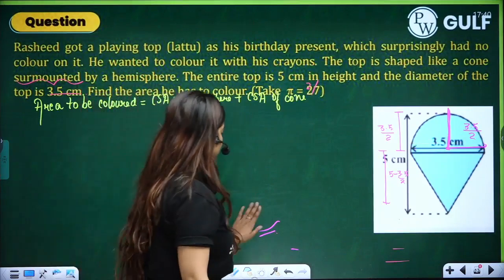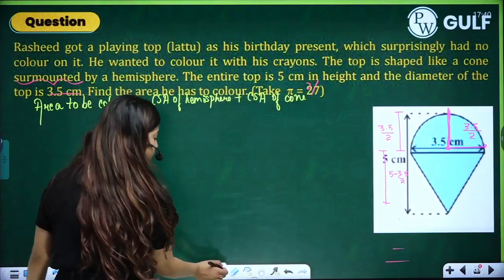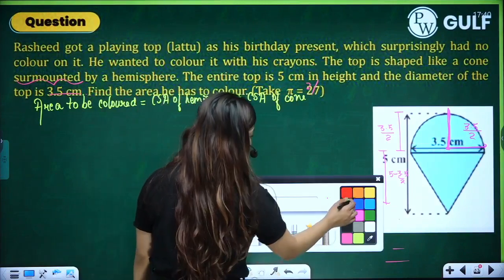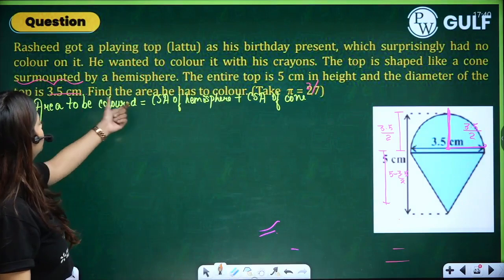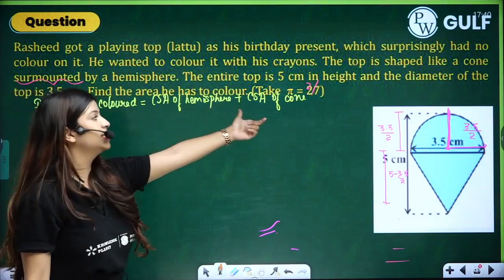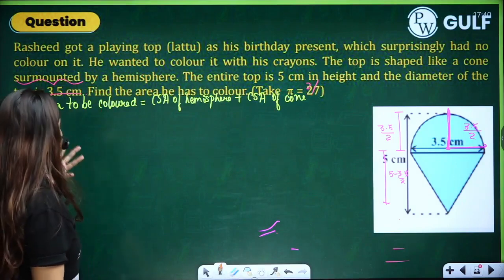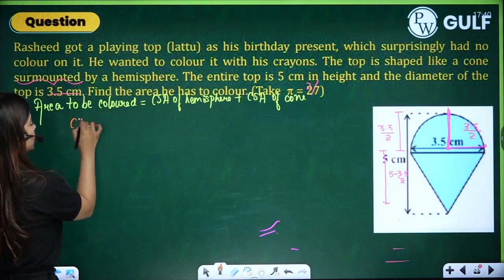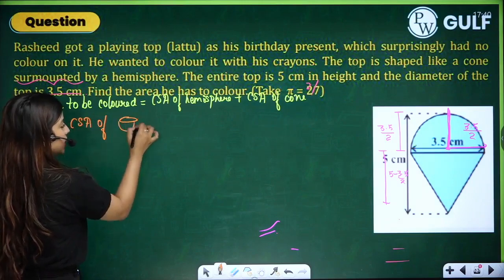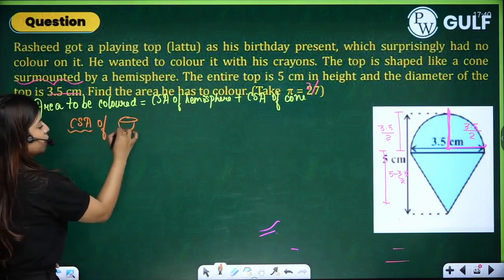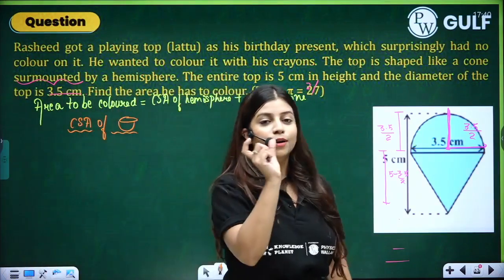Alright, let us quickly find out the different things. The very first thing is that the area to be colored is equal to CSA of hemisphere plus CSA of cone, right? Let's calculate the curved surface area of the hemisphere first. The curved surface area of hemisphere is equivalent to what? Remember, 2 pi r square.